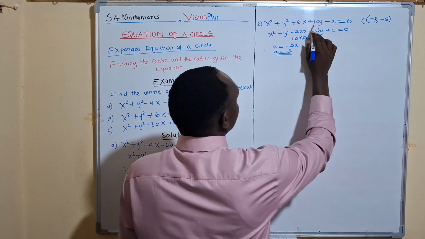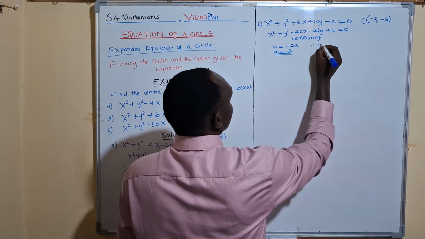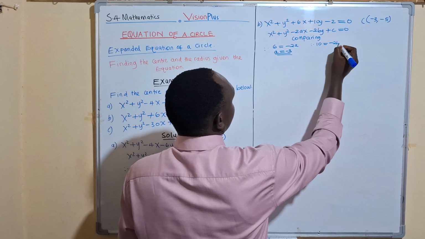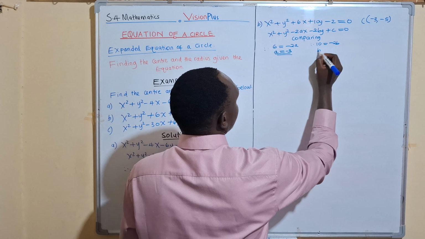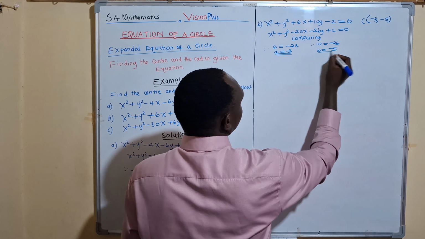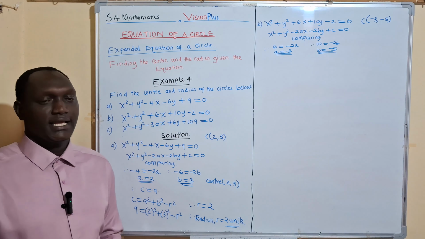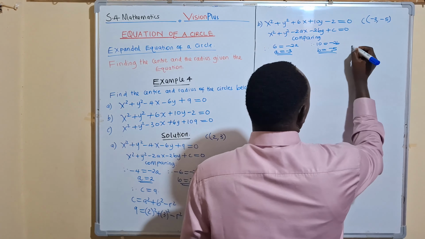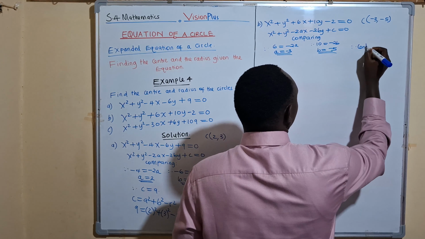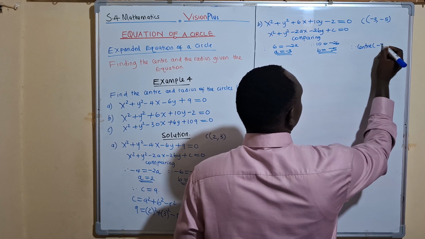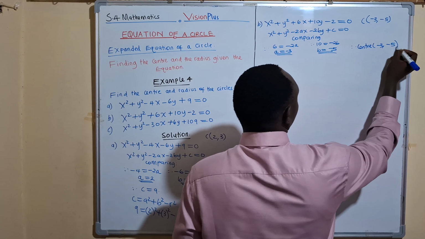In the same manner, positive 10 corresponds to negative 2b. Dividing both sides by negative 2, we find that b is negative 5, as we had obtained. So after getting a and b, you conclude that the center is (negative 3, negative 5).